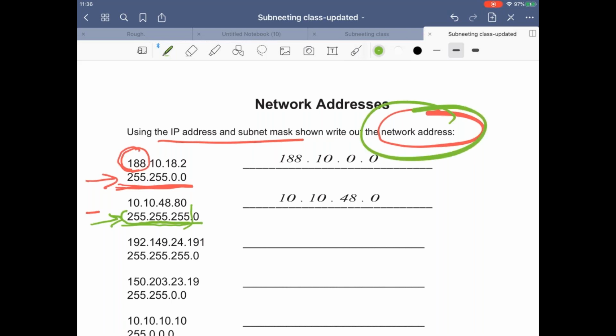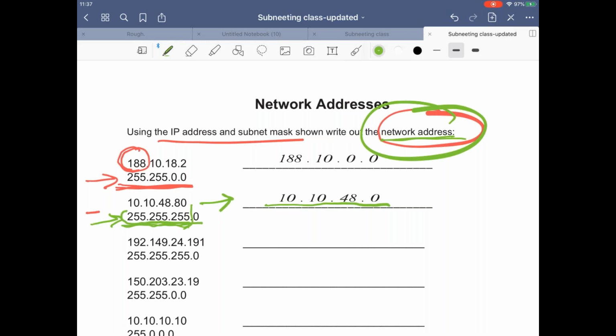So here, 10.10.48.80. What will be the network address? We have to find out the network address. Compare with the given subnet mask, the network address will be 10.10.48.0. Correct.